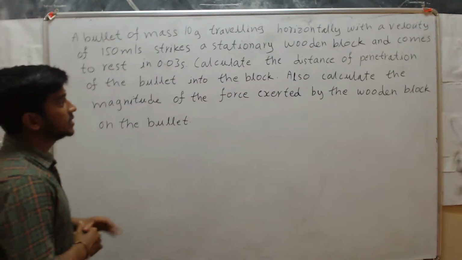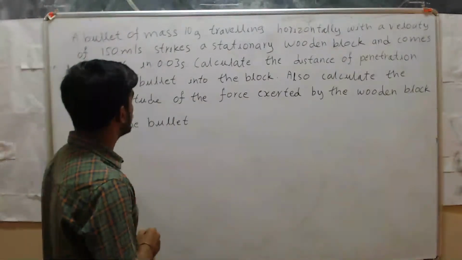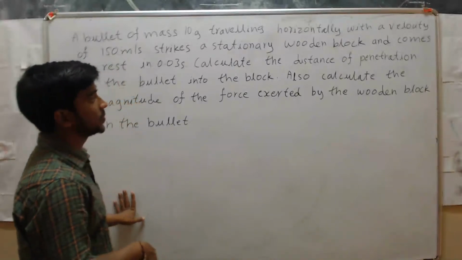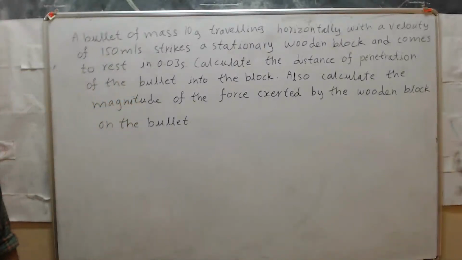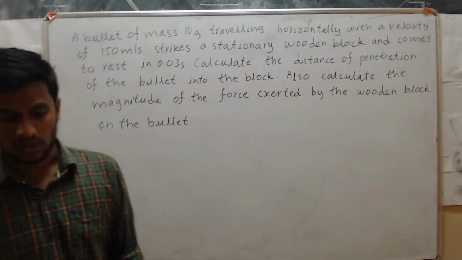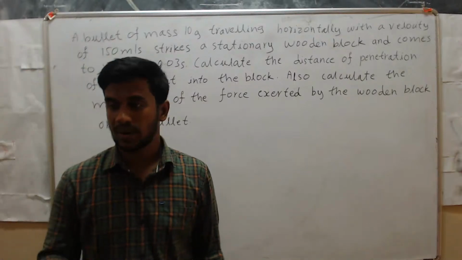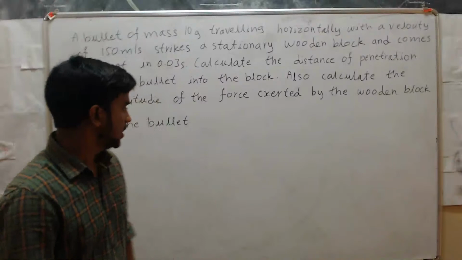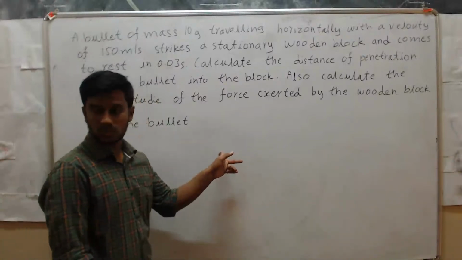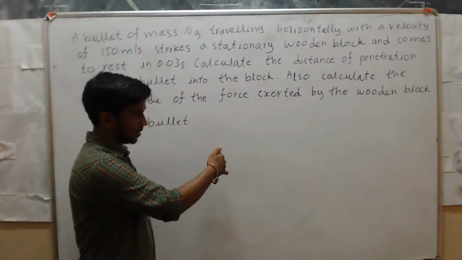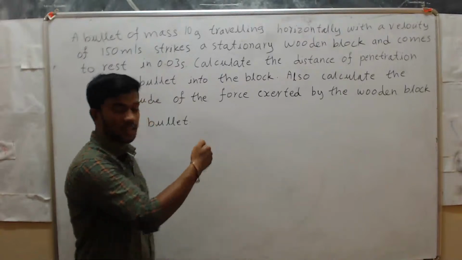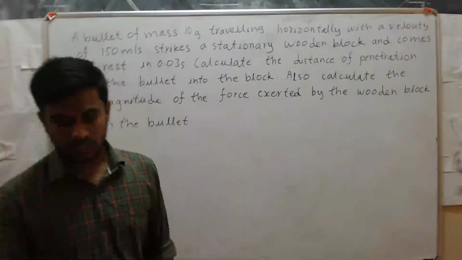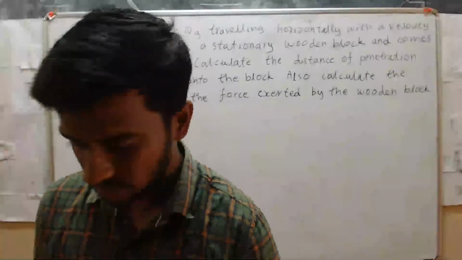Next, calculate the distance of penetration of the bullet into the block. Penetration means how far the bullet moves inside. For example, a bullet penetrating through a board means the bullet is moving inside the wall. Just imagine this is a wooden block.